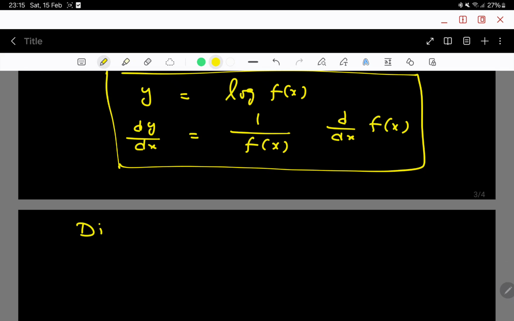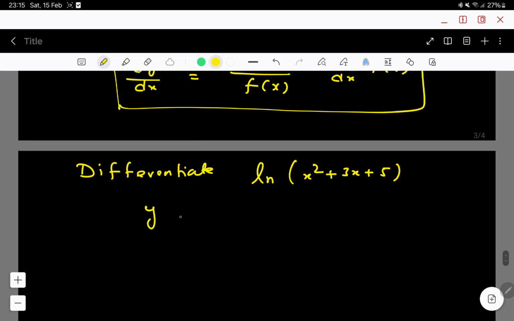Example, differentiate log of x square plus 3x plus 5.